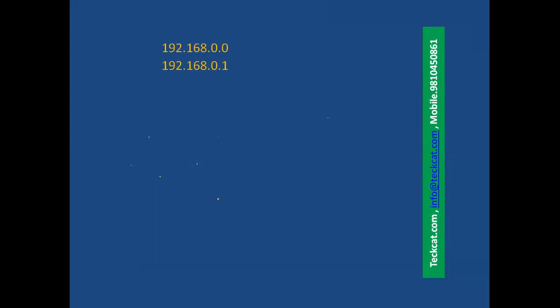The second IP address, 192.168.0.2, belongs to the same network, 192.168.0.0.